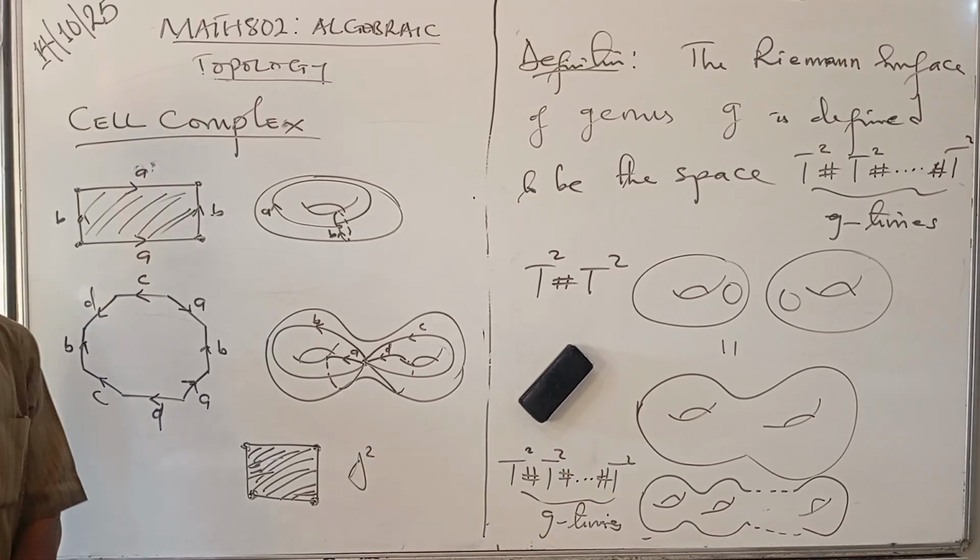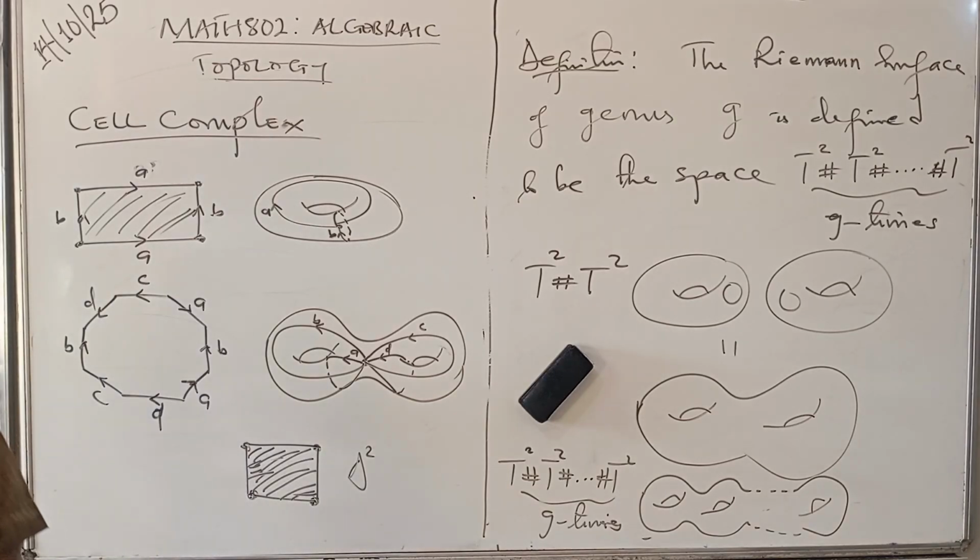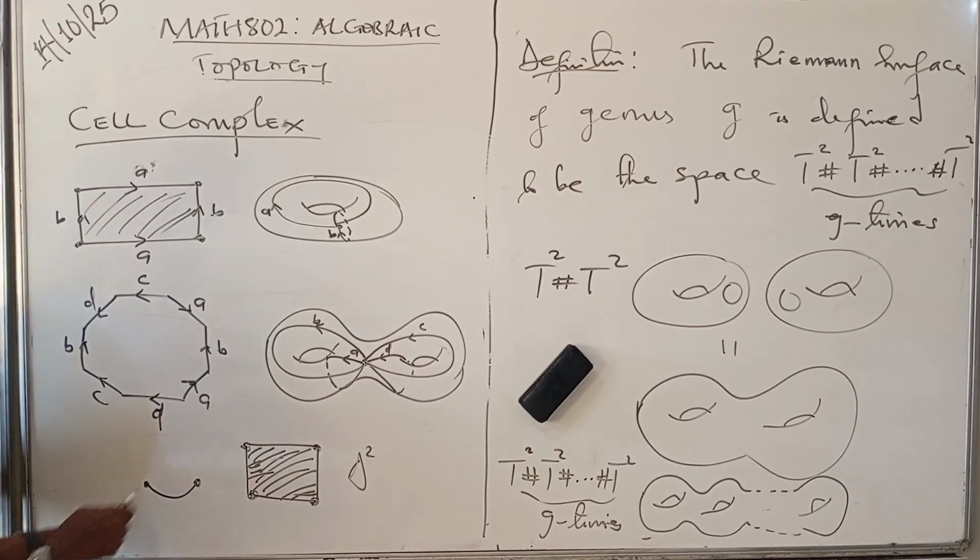In fact, even the sphere can be built up like this. You can think of having 2 points, and then you attach edges to the points, and then you bring an open disk to close the sphere.